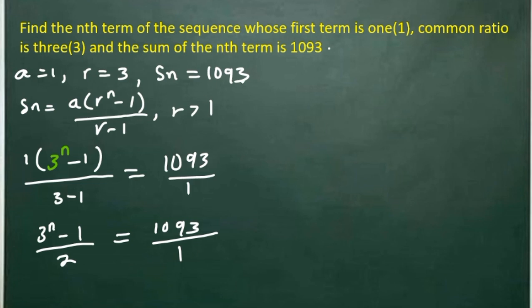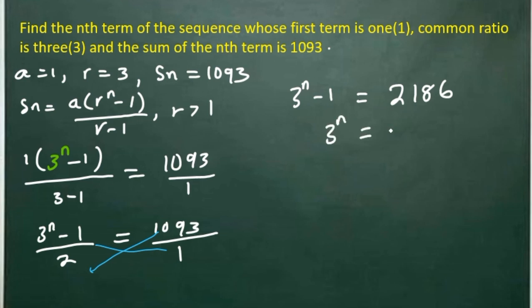Let's cross multiply. 1093 times 2 will give us 3 to the exponent of n minus 1 equals 2186. Now let's group like terms.